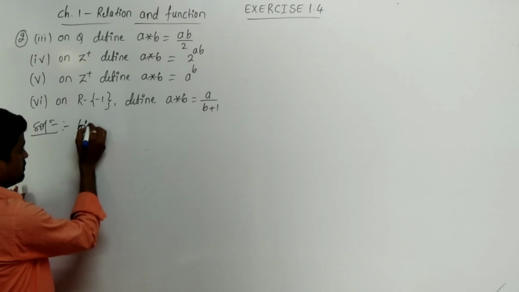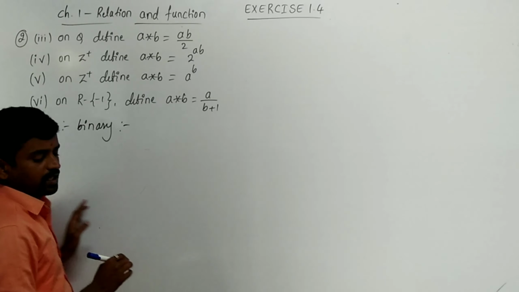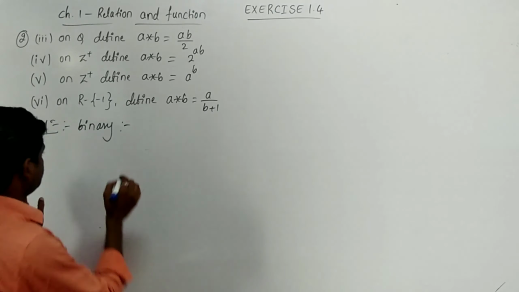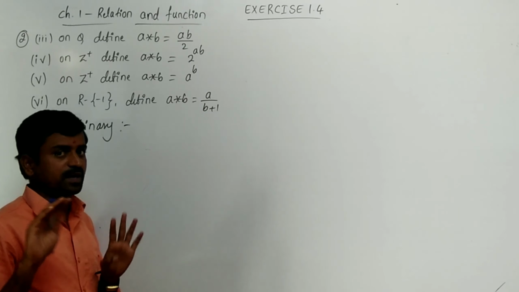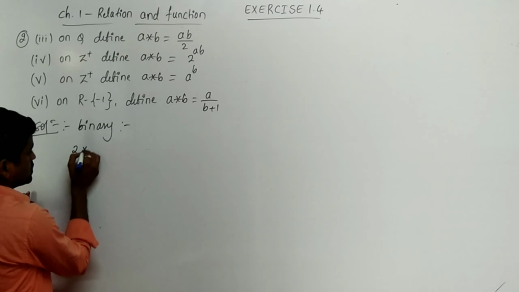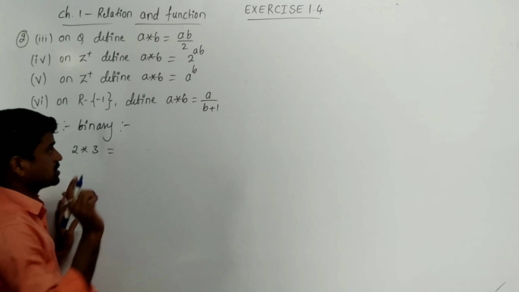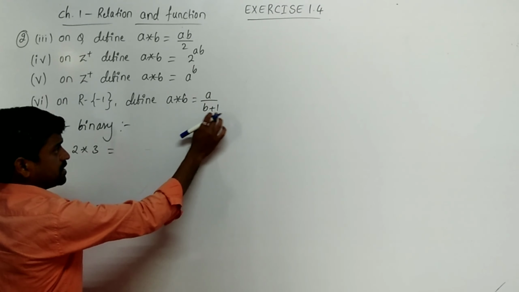First, binary. Take any real numbers except -1. Is star binary or not? The resultant answer should also be in the set. Take 2 star 3. 2 and 3 are real numbers. Star is defined by a divided by b plus 1.